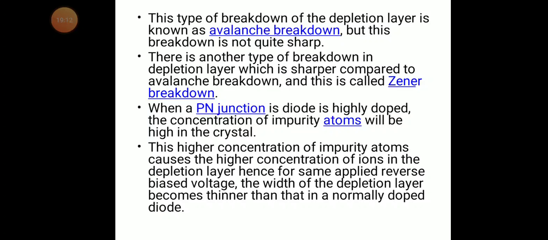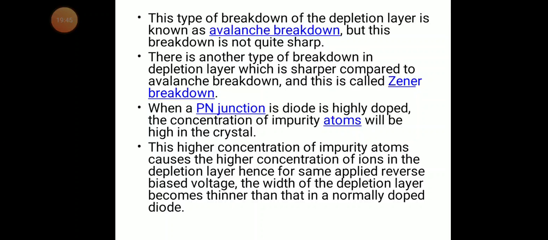If you add impurities, that is called doping. So if the PN junction diode is highly doped, with impure atoms added heavily, the concentration of impurity atoms will be high in the crystal.